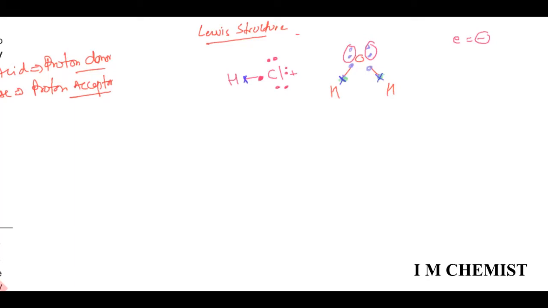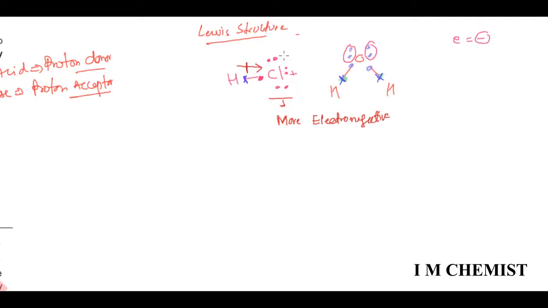Now, there is a difference of electronegativity between chlorine and hydrogen atom. So, chlorine is more electronegative as compared to hydrogen atom. So what will happen? Chlorine will drag the electron of hydrogen toward itself.